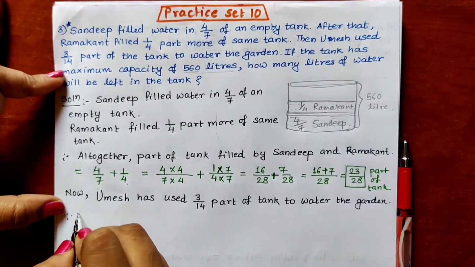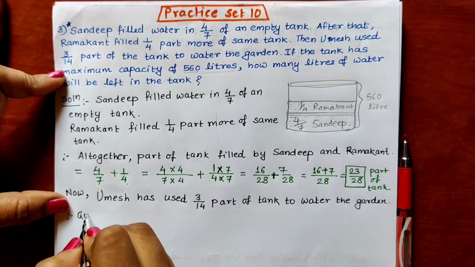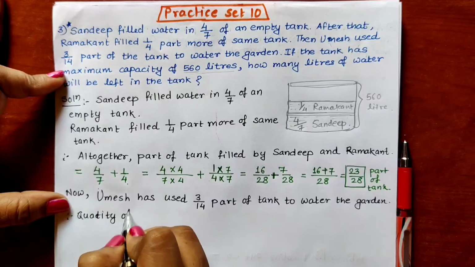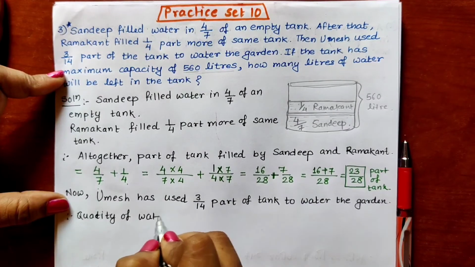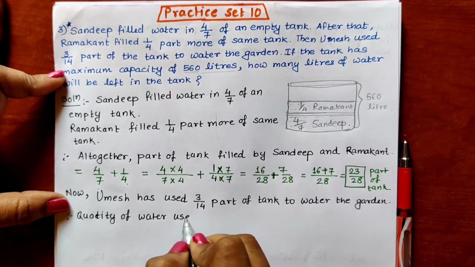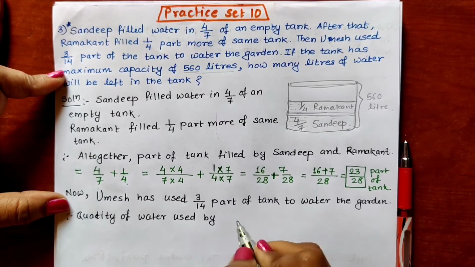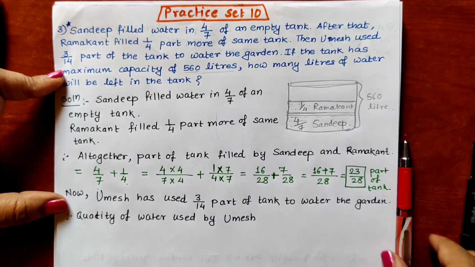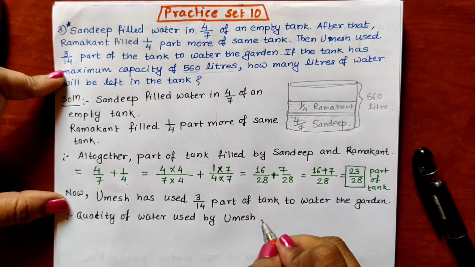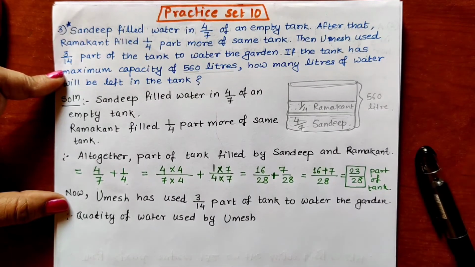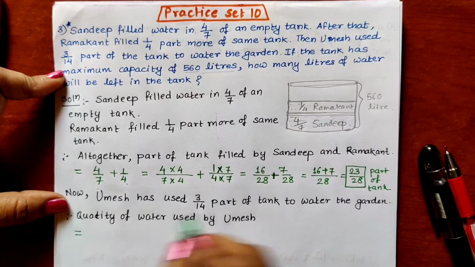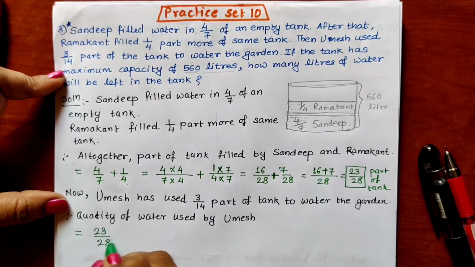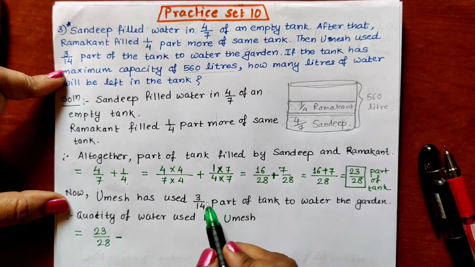Therefore, the quantity of water used by Umesh is equal to, how much quantity he has used, will be equal to 23 upon 28 minus how much he has used?